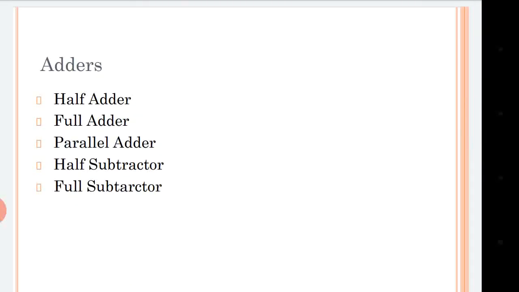Adders, as we know, are of different types: half adder, full adder, parallel adder. Subtractors are also of two types: half subtractor and full subtractor. We also studied the truth tables of these adders as well as subtractors in the previous few lectures.